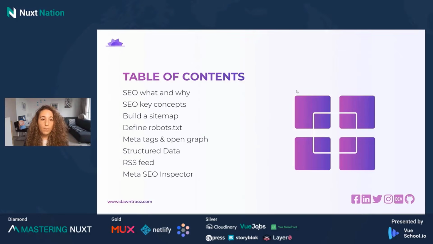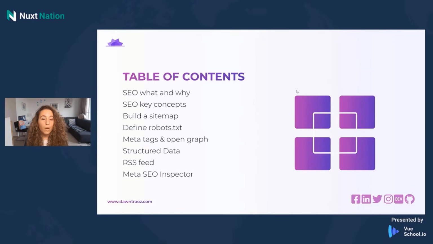And also I will explain what is structured data, also known as schema markup, and also how to create an RSS feed with your API. And then we will see a Chrome extension that will help you a lot with your check of the SEO that you are implementing. That is called Meta SEO Inspector. I will show you how it works.